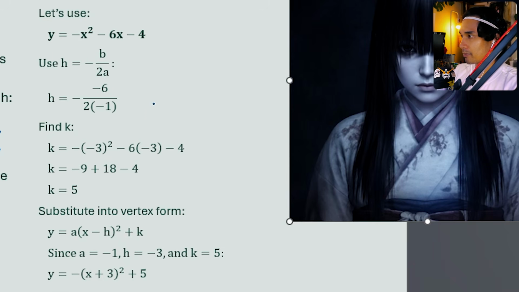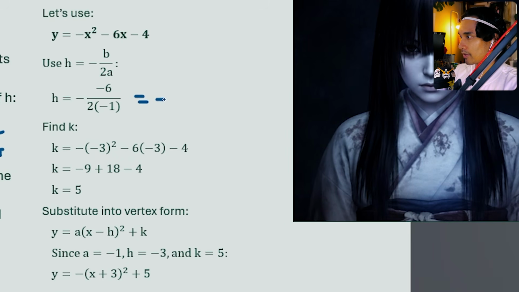Find k. k is equal to negative 3 squared minus 6 times negative 3 minus 4. k simplified all the way is equal to 5. Substitute into vertex form: a is equal to negative 1, h is equal to negative 3, and k is 5. And there you have it, folks.